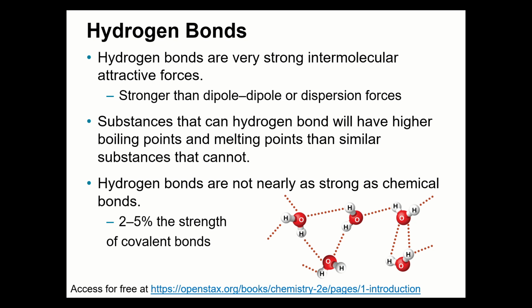So, while hydrogen bonds are very strong intermolecular forces, just keep in mind that they're still not nearly as strong as an intramolecular force. Remember, those are your covalent bonds. It's only about 2 to 5% of the strength of a covalent bond. But substances that have hydrogen bonding will have higher boiling points or melting points than substances that only have dipole-dipole or dispersion forces.